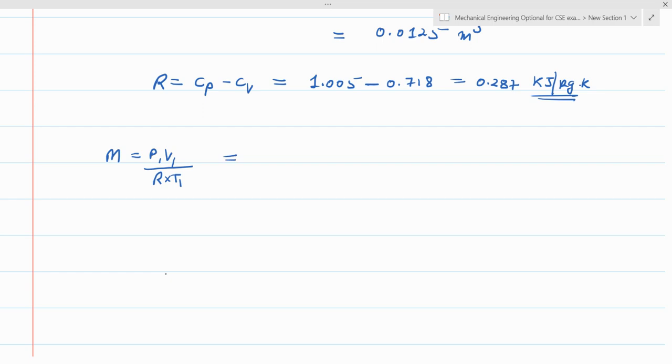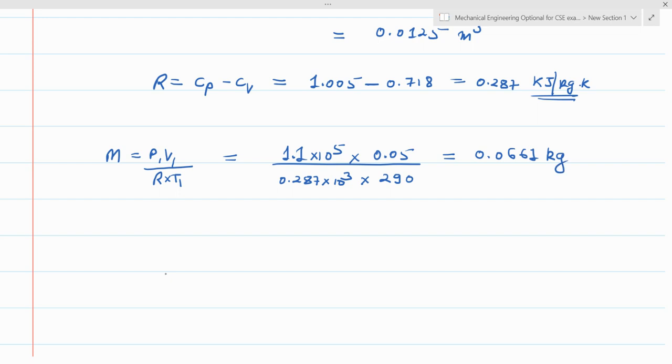This comes out to be 1.1 into 10 to the power 5 into 0.05 meter cube divided by 0.287 into 10 to the power 3 joule per kilogram Kelvin into 290. Now this comes out to be 0.0661 kilogram. Now we have calculated the value of m.